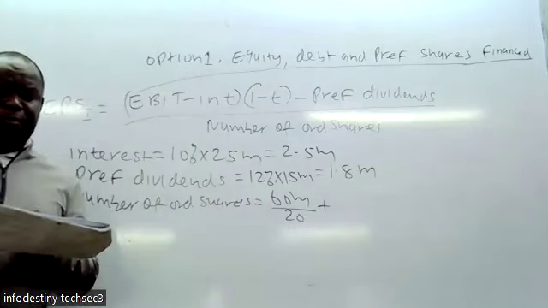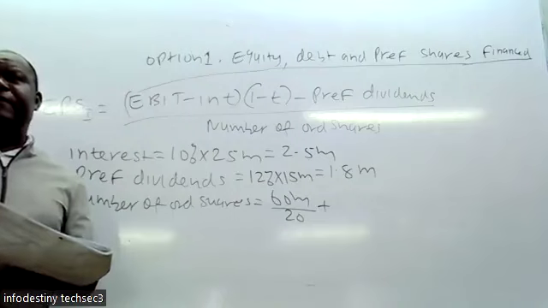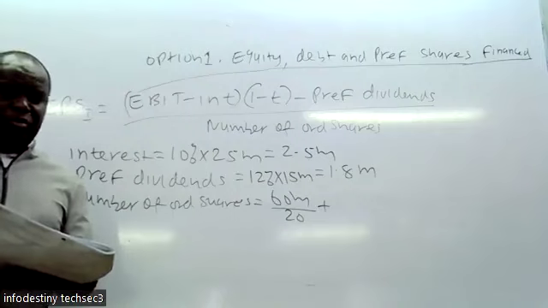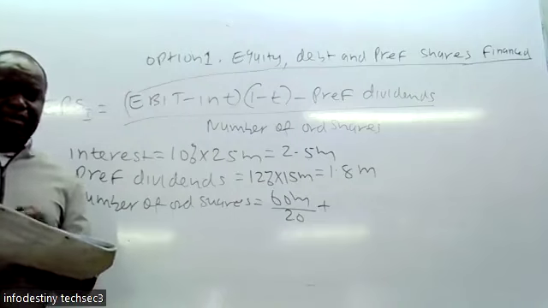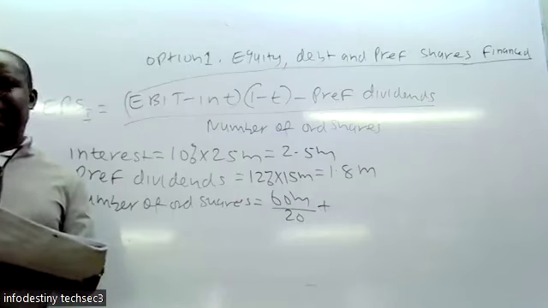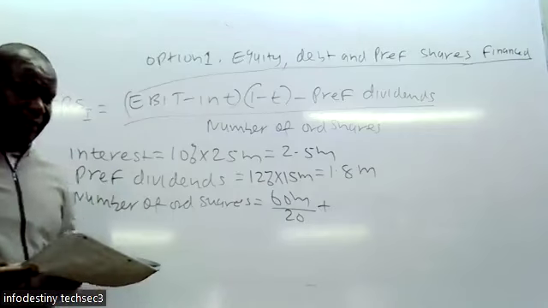But under option 1, to raise the 50 million, they are saying they issue new ordinary shares at par to raise all the desired funds.